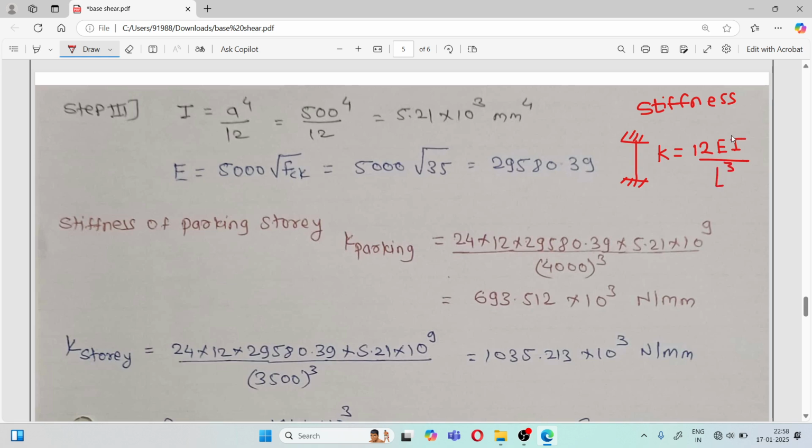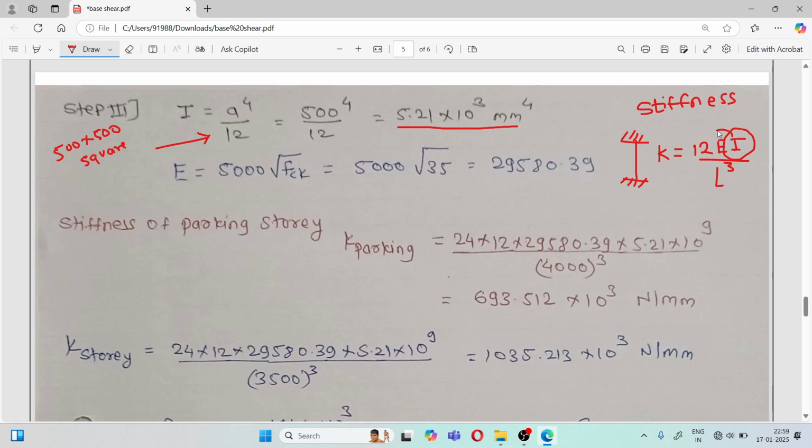So first we have to calculate I, the moment of inertia. As given, the column size is 500 by 500, which means it is a square column. The formula for the moment of inertia of a square column is a raised to 4 divided by 12, where a is the side of the column, which is 500. You will get the moment of inertia.